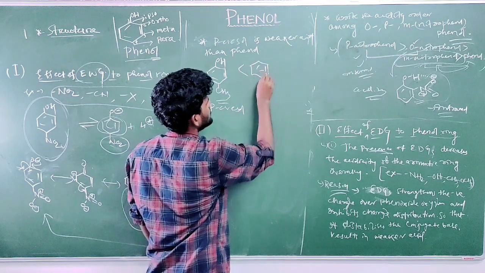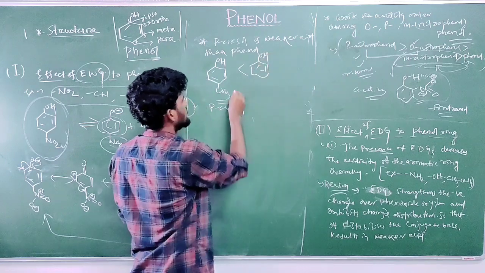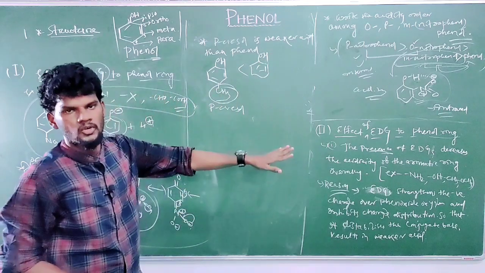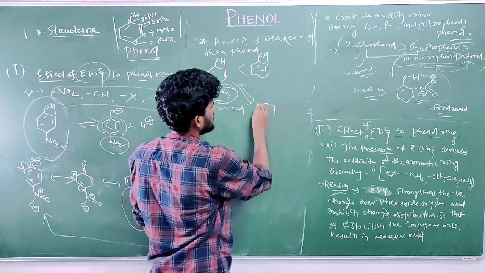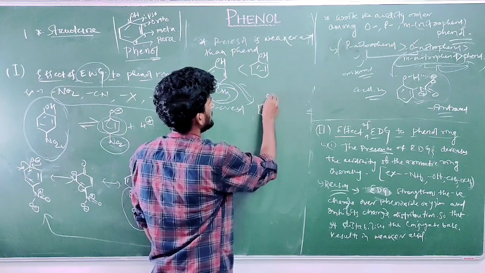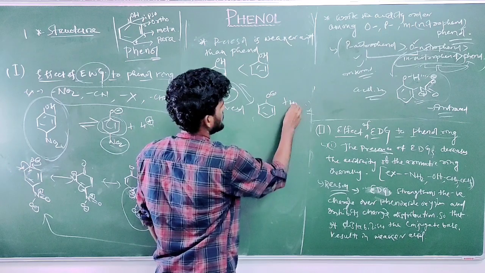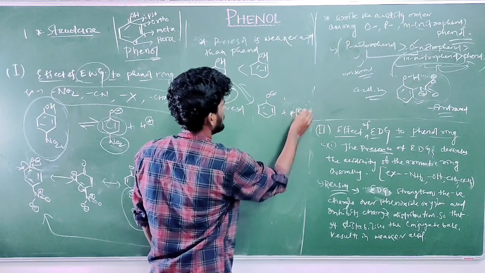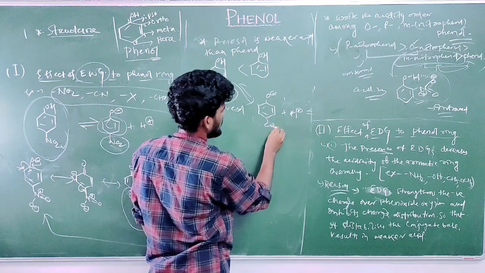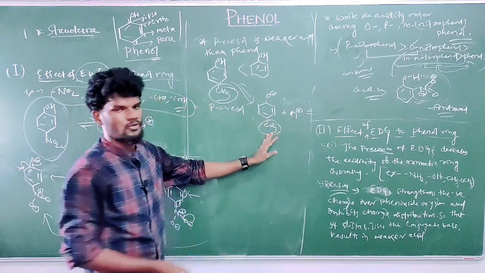Why? The reason is that the CH3 group is an electron donating group, and if it dissociates, what will it form? The conjugate base will be O minus, plus H plus. Here the CH3 is an electron donating group.